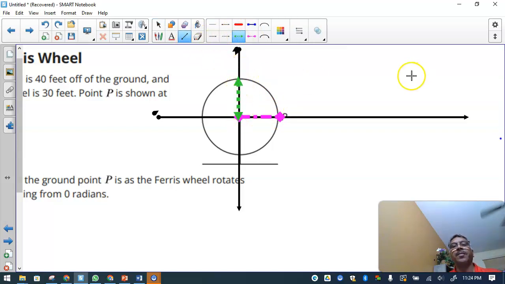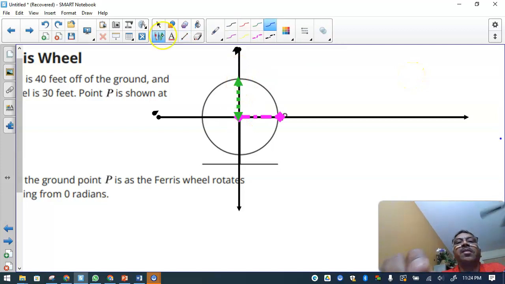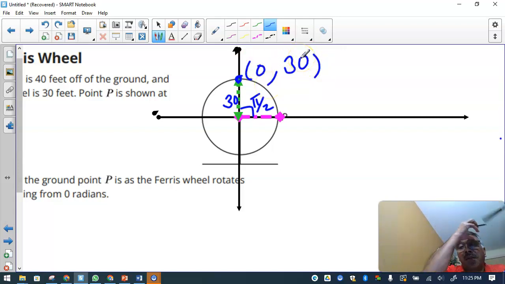So the angle is pi by 2, and this point will have x coordinate 0 and 30. So you're already done, and this one is already 40.